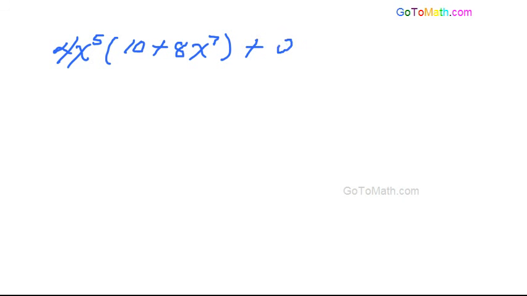So we've got 4x to the 5th power times 10 plus 8x to the 7th, and I'll definitely be second checking this, considering I wrote it down wrong last time, and then 2x to the 5th times 10 plus 8x to the 7th.